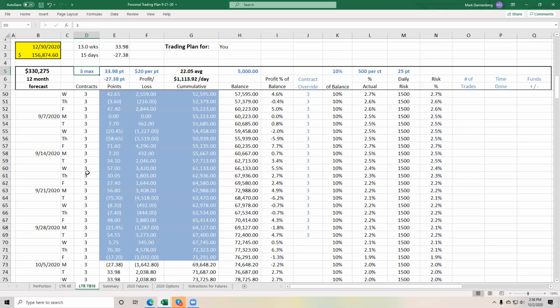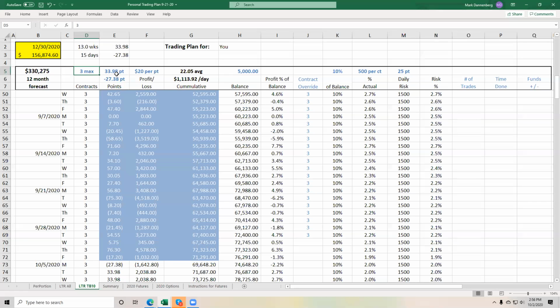So if I know the trading plan won't suggest contracts that would exceed 10% of the balance of the account, maybe I'm willing to trade more than 3 contracts. This is where you are in control.